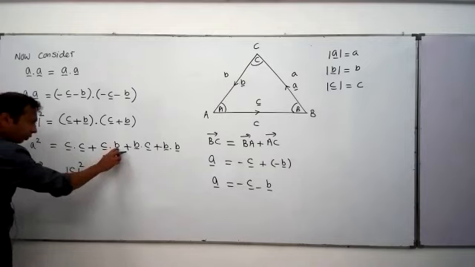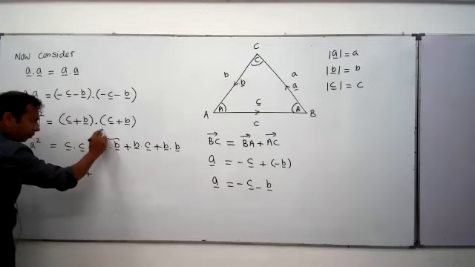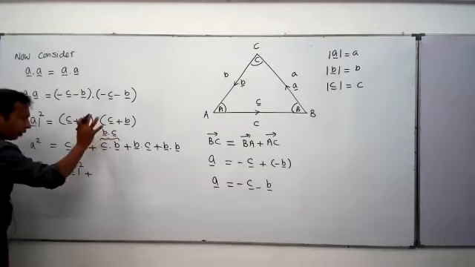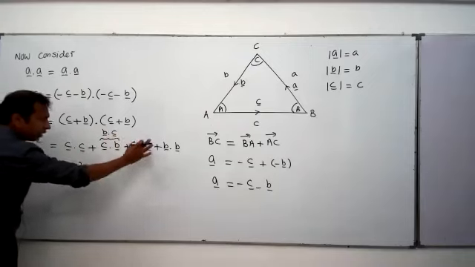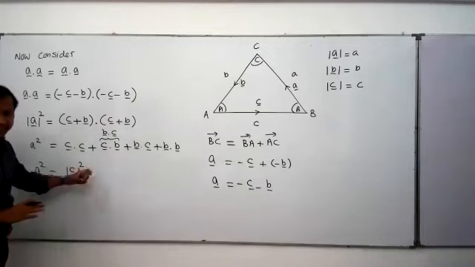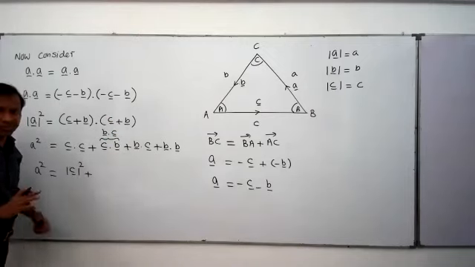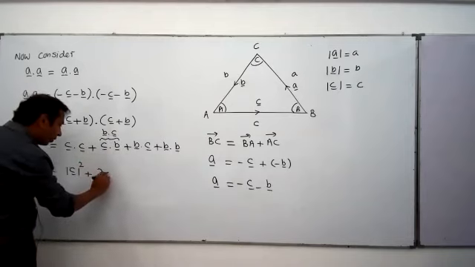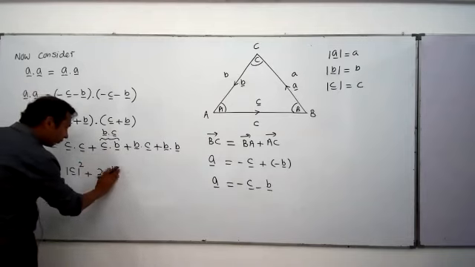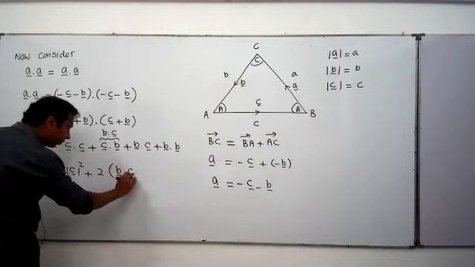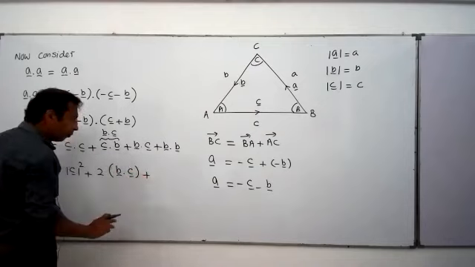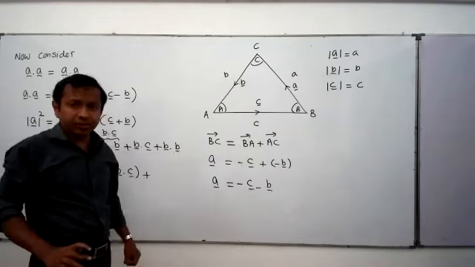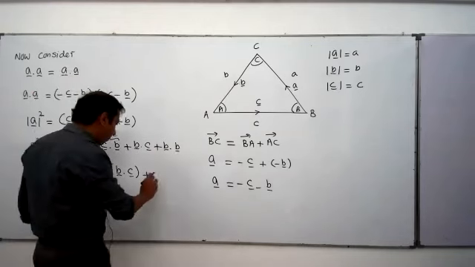Here, people, C dot B. C dot B is equal to B dot C, no? So therefore, this is B dot C. This is B dot C plus another B dot C we have. It's like X plus X. X plus X is 2X, no? Like that. B dot C plus B dot C means, people, 2 times B dot C. I write it like this, 2 times B dot C. B dot B, mod B perfect squared.